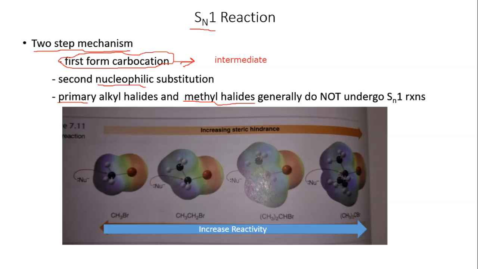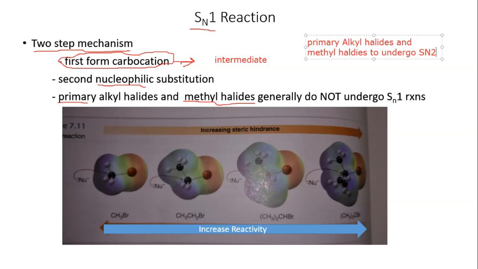Your primary alkyl halides and methyl halides tend to undergo SN2. And again, this is because they do not form stable carbocations.